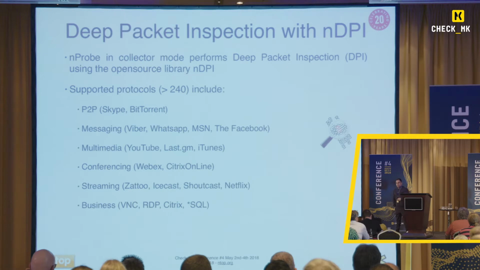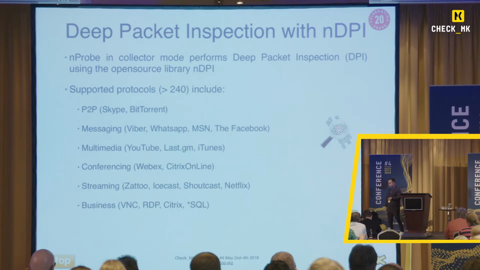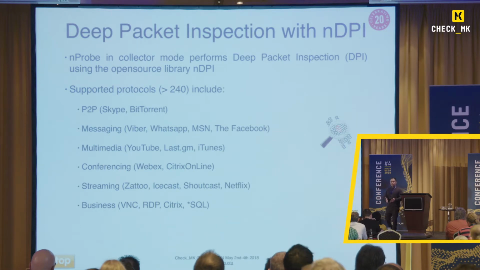Another reason why DPI is important is that recently, among network application developers, there is a trend to reuse HTTP to develop new applications on top of HTTP. Because HTTP is a well-known protocol, it's supported everywhere. So why should I reinvent a new protocol?